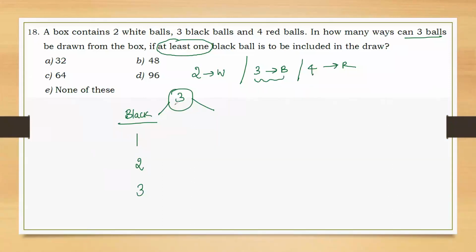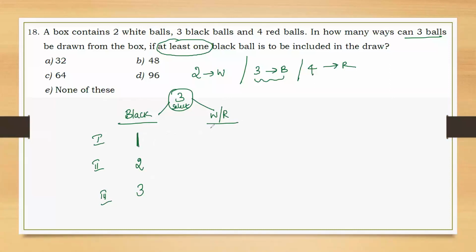We're going to select 3 balls. At least 1 black ball, or 2 or 3 black balls. So we have case 1, case 2 and case 3. The remaining I can take as white or red. The condition is that we have to get at least 1 black ball, that's all.